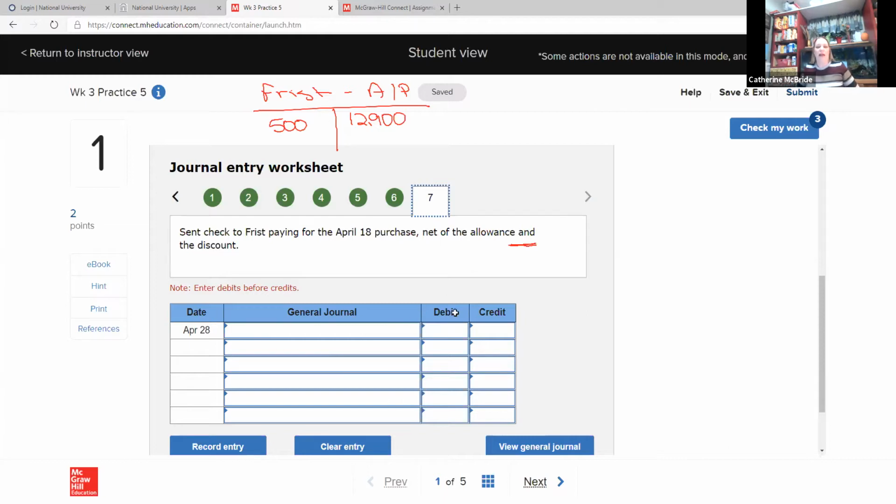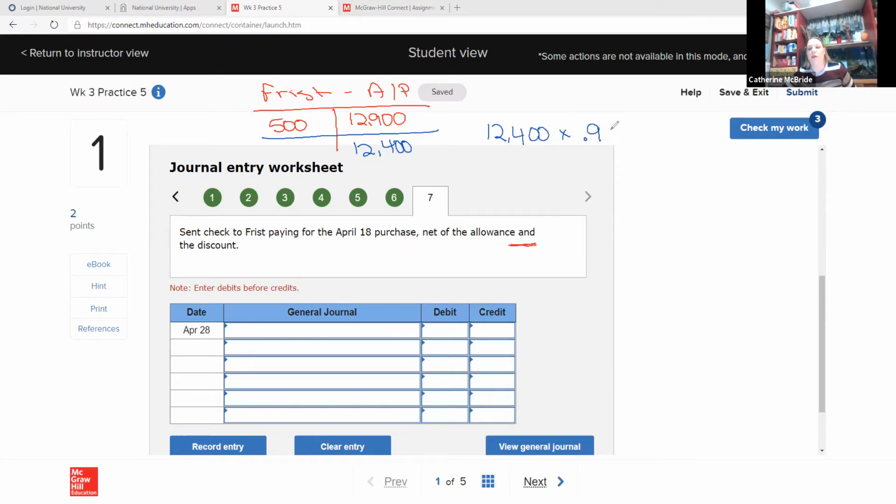And then last but not least, we're going to make our payment. So first we're going to figure out what do we owe. And we owe $12,400. So we're going to say, okay, we owe $12,400. We get a 10% discount.